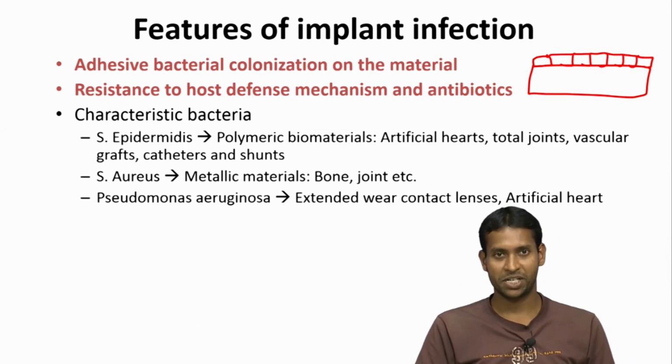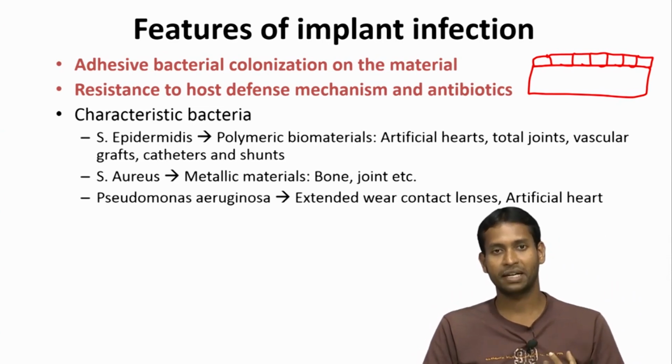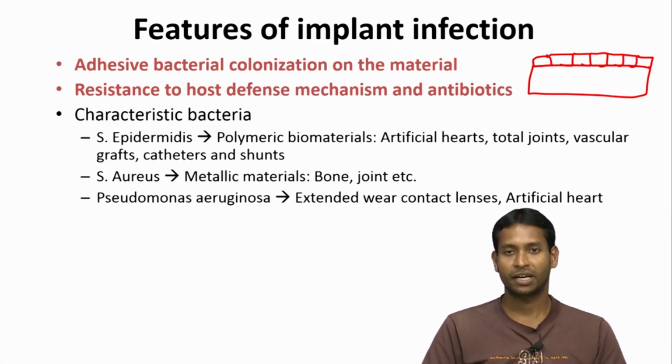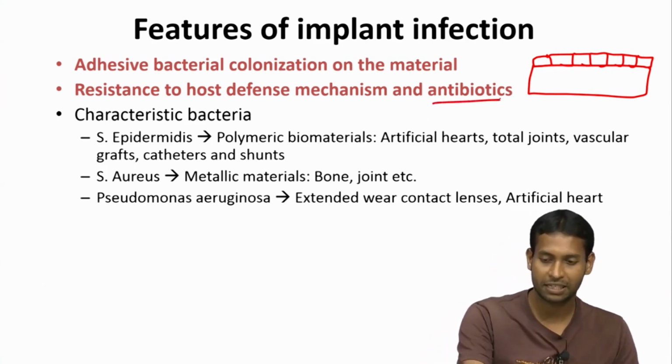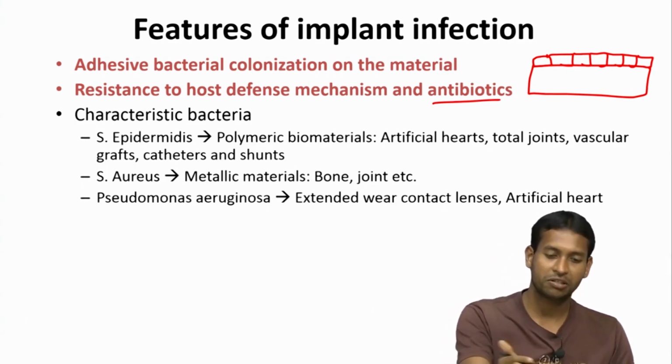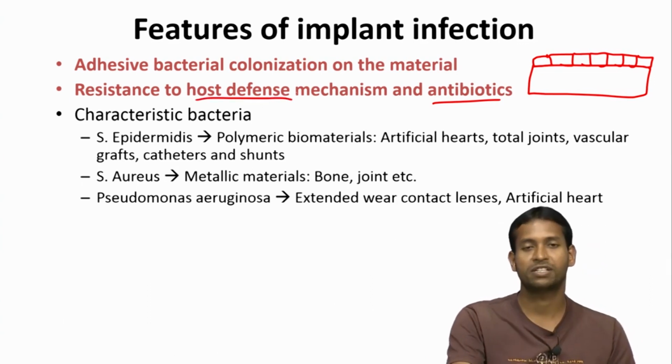As I briefly mentioned in the last class, there could be planktonic bacteria, which means free floating bacteria, and there could be bacteria in biofilms. Typically when these bacteria are together in a biofilm, they become much more resistant to any kind of stress. That could include antibiotics, and we talked about how some of the antibiotics may be required at 1000 times the concentration to be effective, and this could also apply to host defense mechanisms.